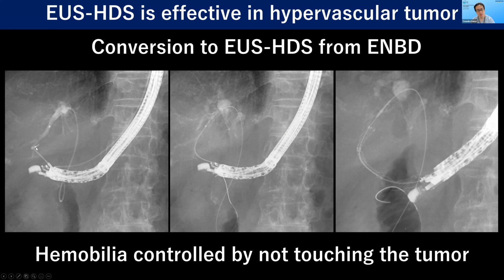We put the contrast and the dilator into the hepatic bile duct, and then we punctured the bile duct from the duodenal bulb, and then finally put the stent from the right posterior branch to the duodenum. By using this technique, the hemobilia didn't happen, and the jaundice recovered. So the patient is now under chemotherapy.